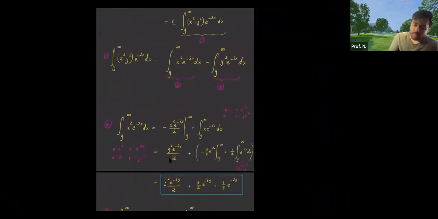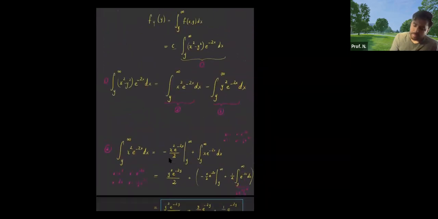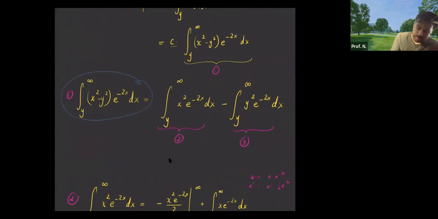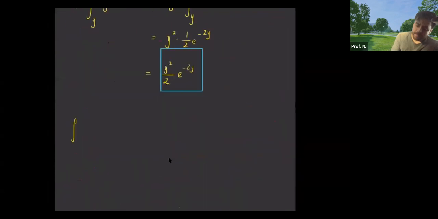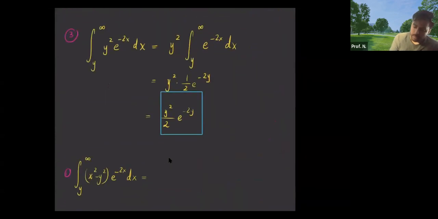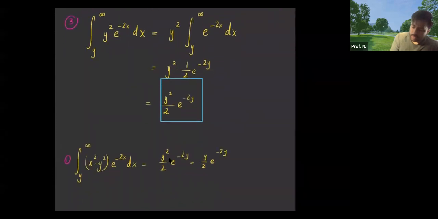If you take 2, which is this here, and you subtract 3, which is this here, you get that this integral is equal to y squared over 2 e to negative 2y plus y over 2 e to the negative 2y plus 1/4 e to negative 2y.